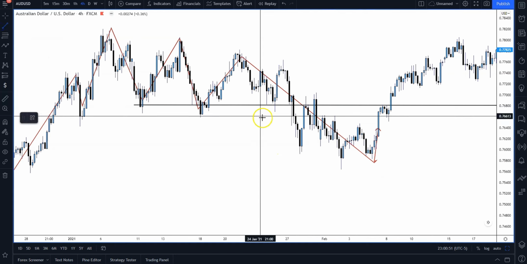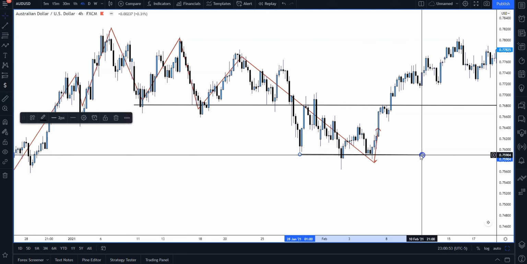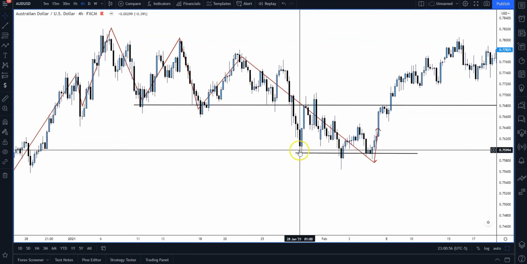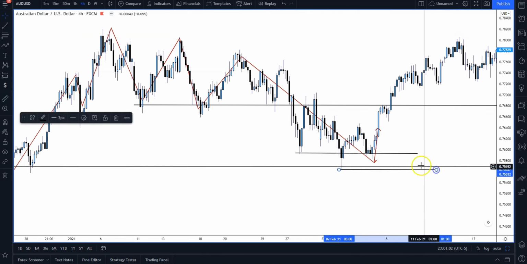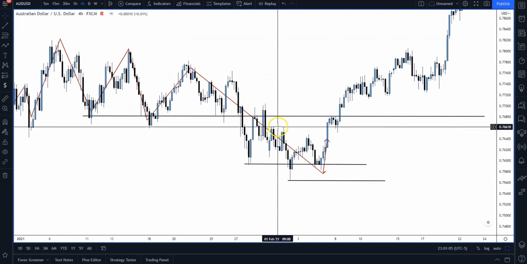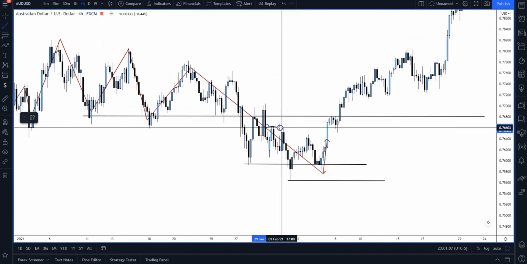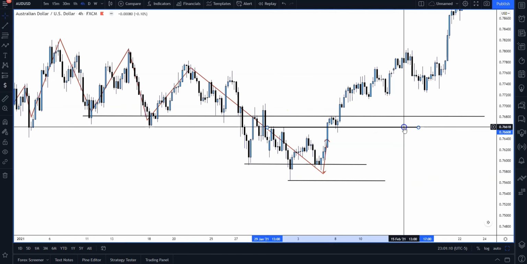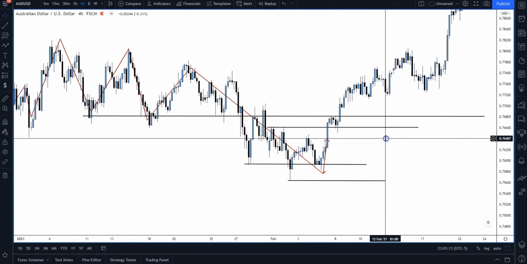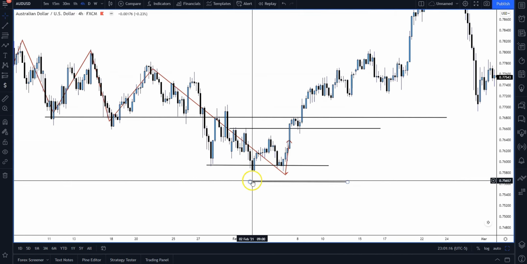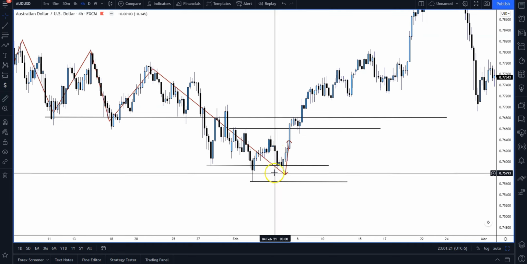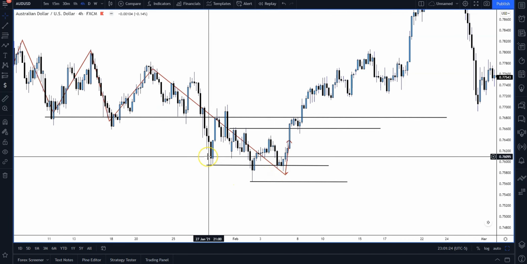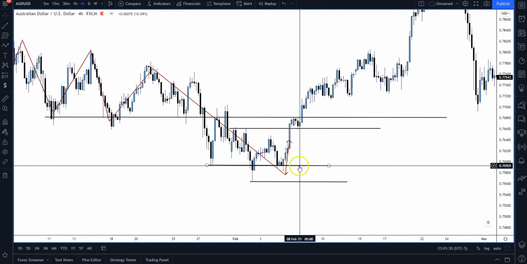This low was created right here. It was breached, which created this new low right here. So the previous high we can say was over here. If it breaches that high, then we know it's reversing, right? So it came down, a lower low, went up, lower high, but this low failed to break this low. That's a uh-oh moment, because that's a sign that there could possibly be a reversal.